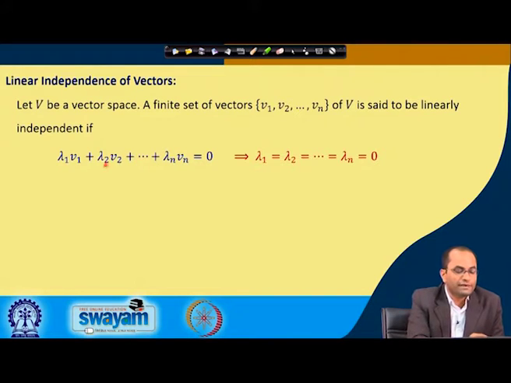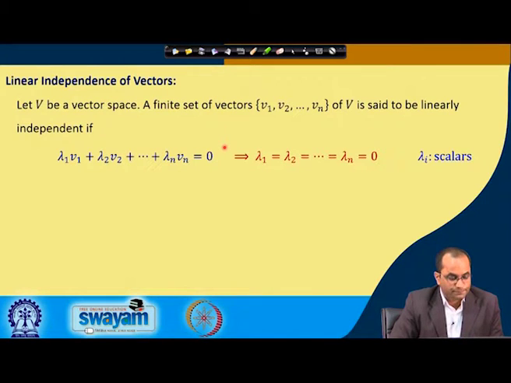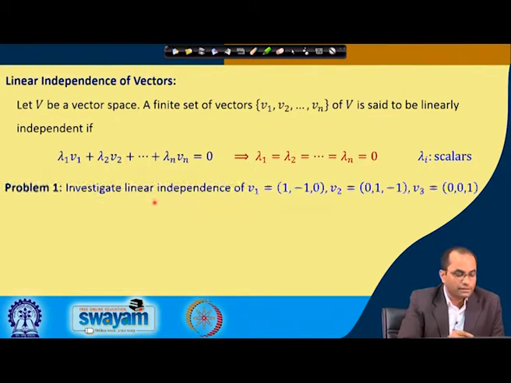Otherwise, we do not have any other lambdas which can make this linear combination 0. These lambdas are scalars.